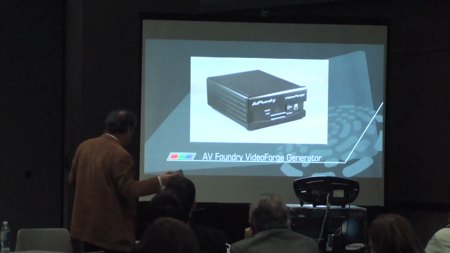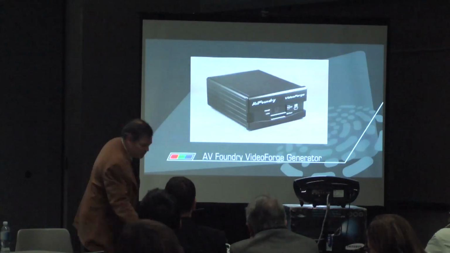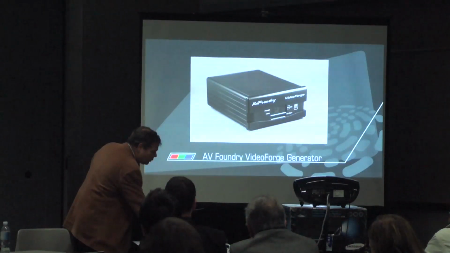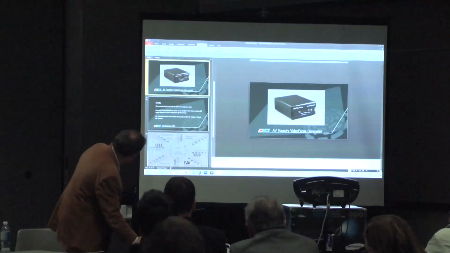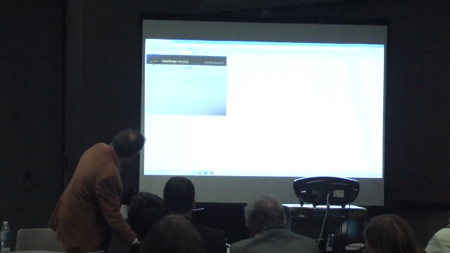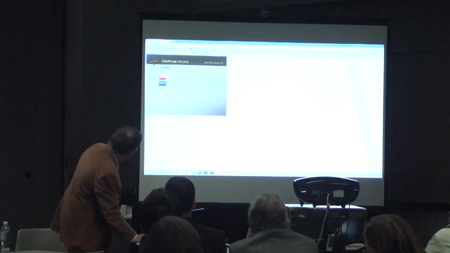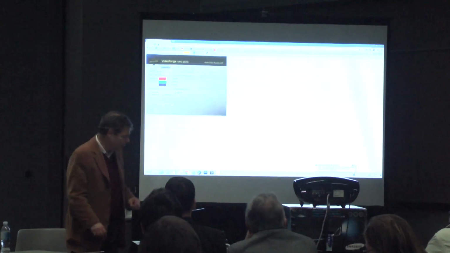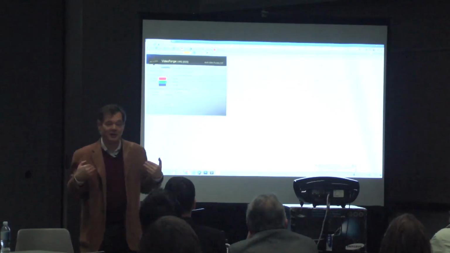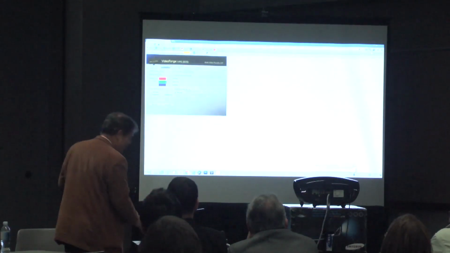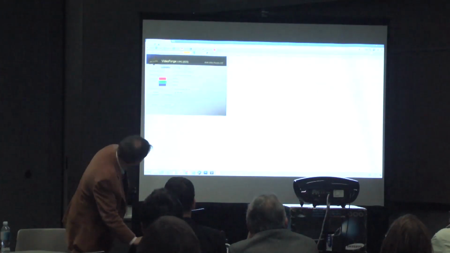Among the things that I want to do is to give you an idea of some of the flexibility in this generator. It's rather significant. This is why I wanted everybody to sit up close, because I can't do anything about the size of this interface.